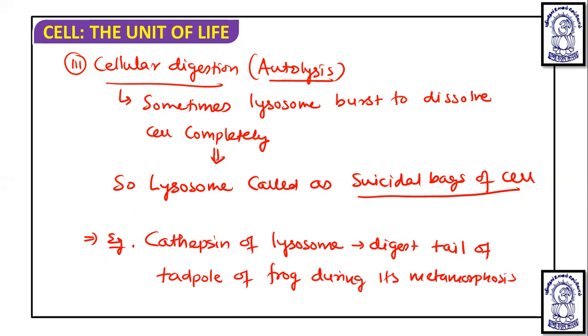So metamorphosis is a stage during which the larval stages are converted into the adult one. So during this, they digest the particular tail. So these all are the functions of the lysosome, and that is all about lysosome.